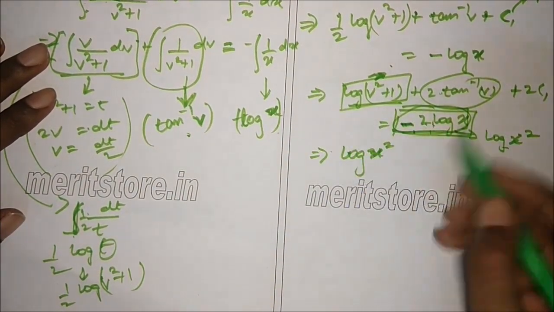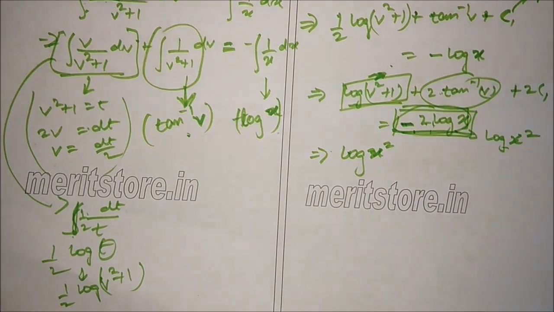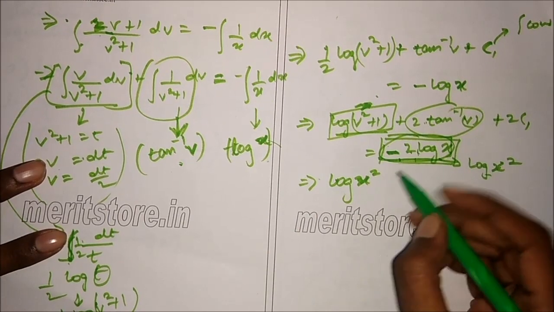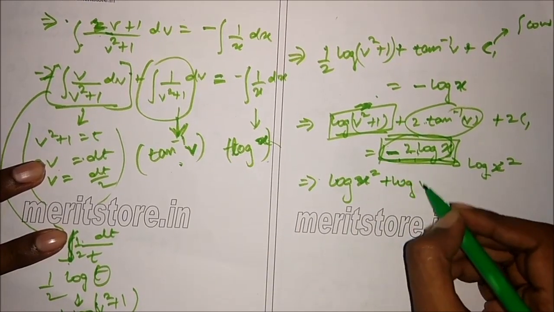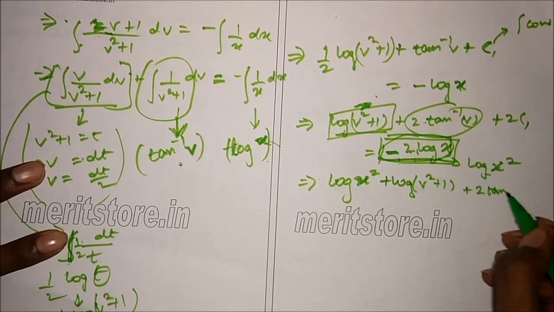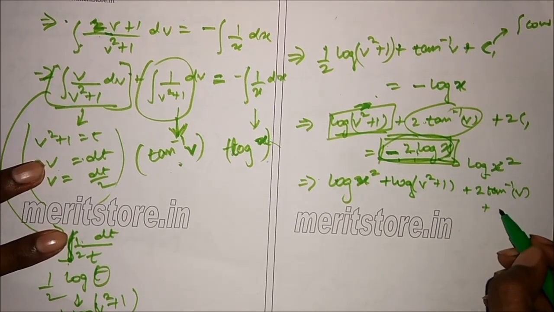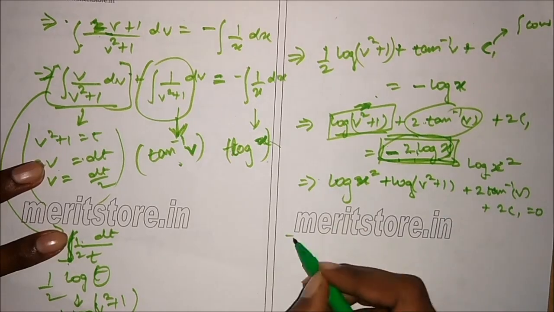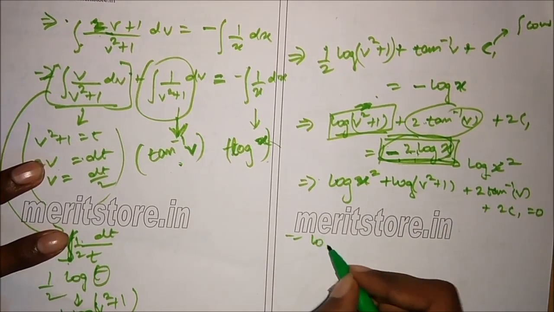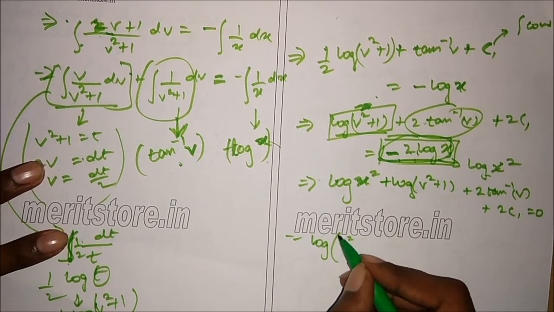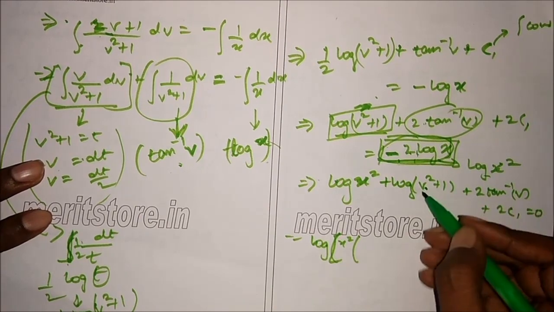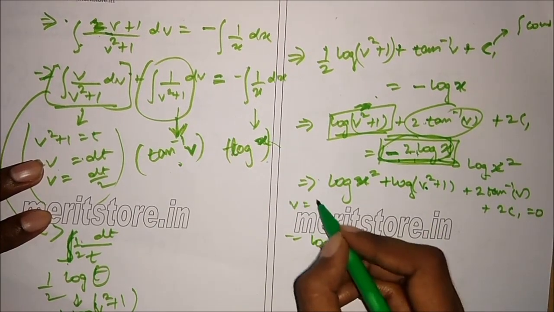When we switch this to LHS, we get log of x square plus log of v square plus 1 plus 2 tan inverse of v plus 2c1 equals 0. So by law of logarithm, log of a plus log of b is log of ab. This will be log of x square into v square plus 1, now we resubstitute v equals y by x.